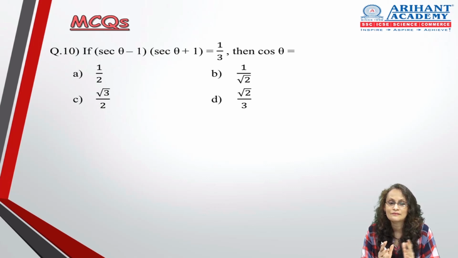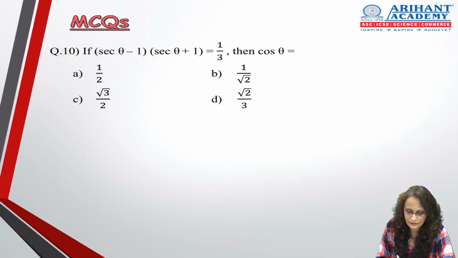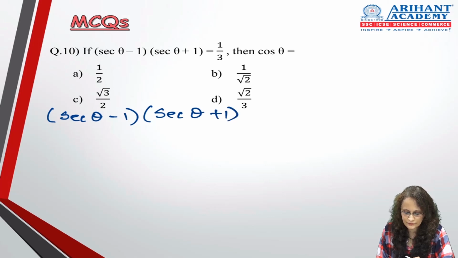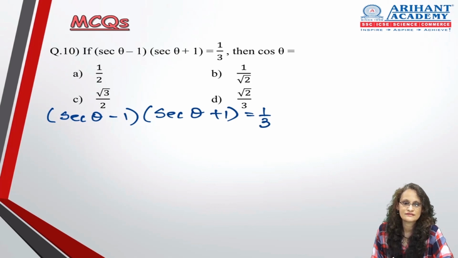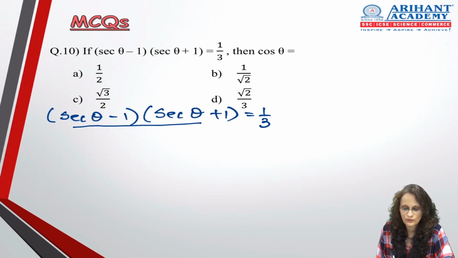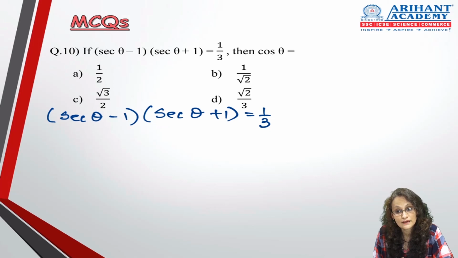So let me take the question which I'm writing here. Pay attention. So this is sec theta minus 1 into sec theta plus 1 is equal to 1 upon 3, is what they've told me. Okay, now if you look at the left hand side, sec theta minus 1 into sec theta plus 1, you will realize it is nothing but a minus b into a plus b, which is your algebraic identity.